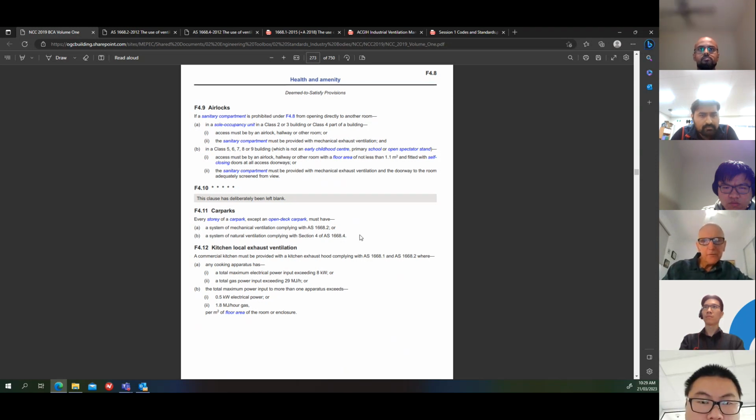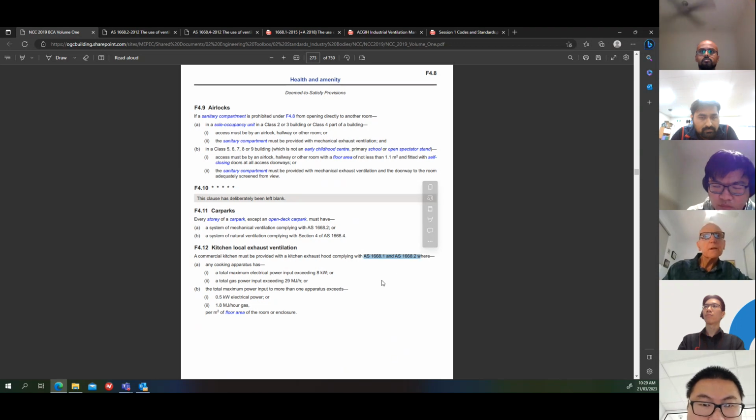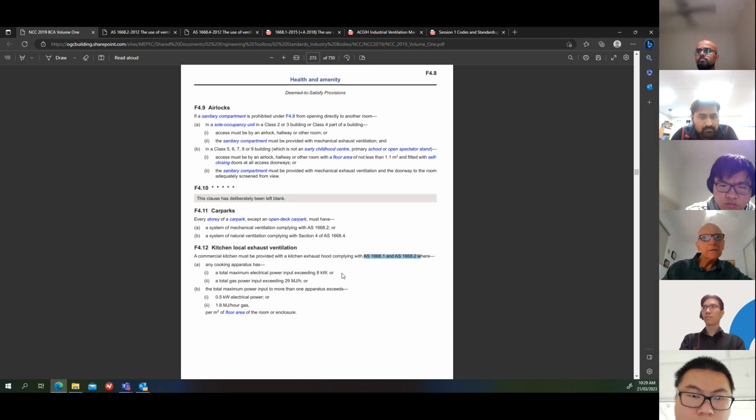Sometimes, if the car park's above ground, that can work, and it certainly saves capital and running costs. Kitchen exhaust ventilation, again, there's reference to 1668 Part 1 and Part 2. Mechanical ventilation and fire safety.